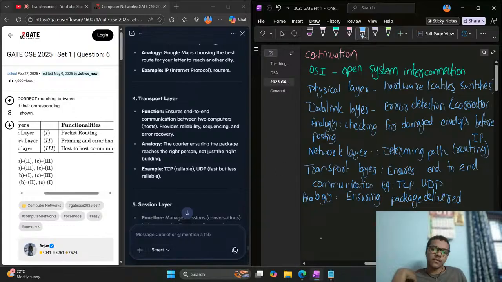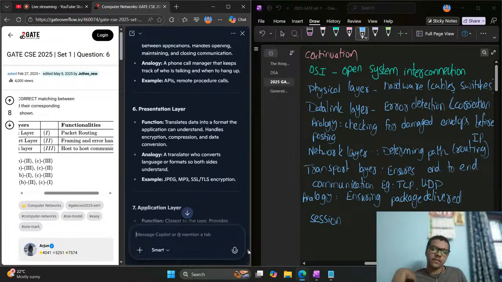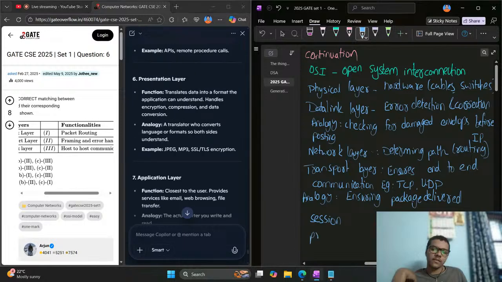And session and presentation layers. Session layer. No, there are 7, right? Session, presentation, and application layers. In a very understandable, readable way.